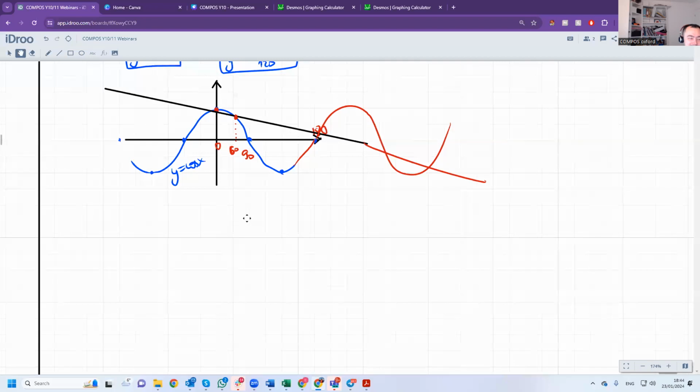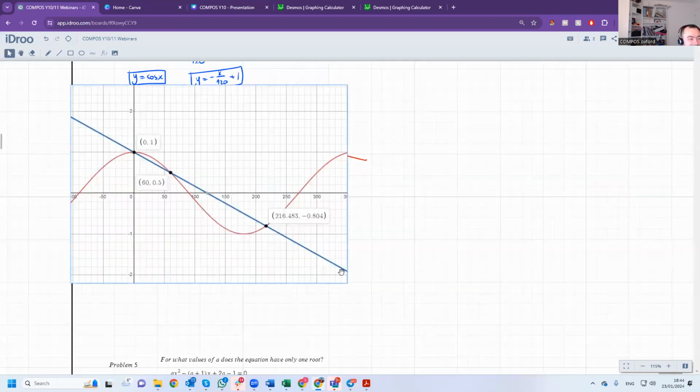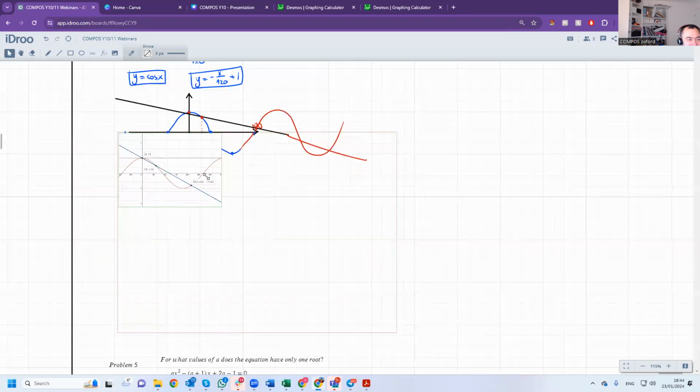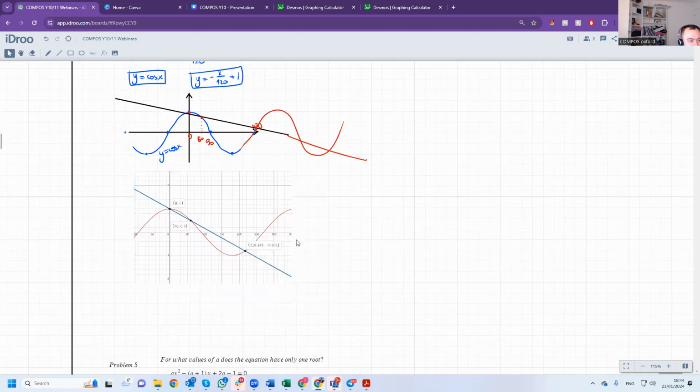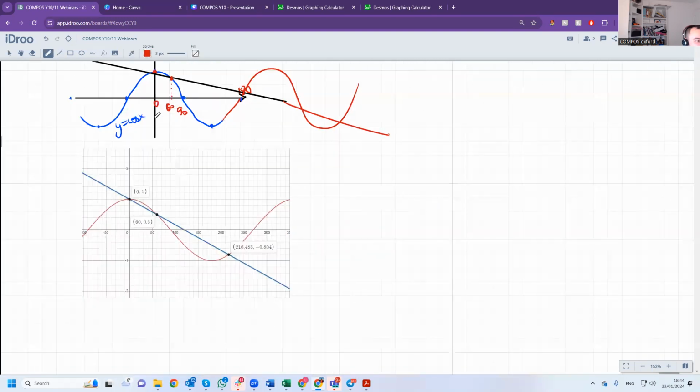But I was sure that there's only one solution. But now drawing it, I realized that there are three. So the answer: x1 is 0, x2 is 60, and x3 is 216.483 degrees.